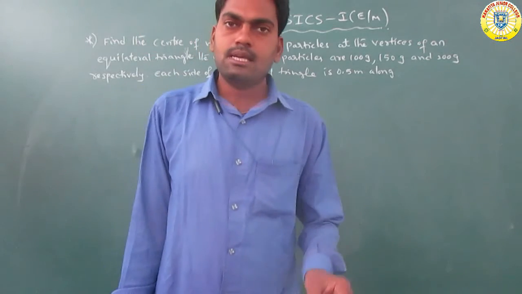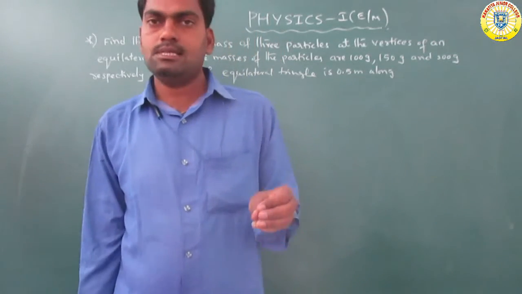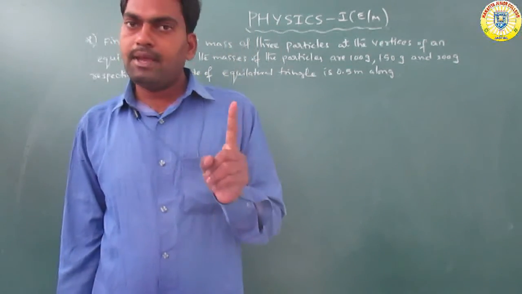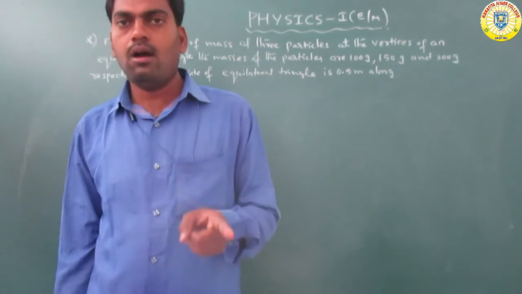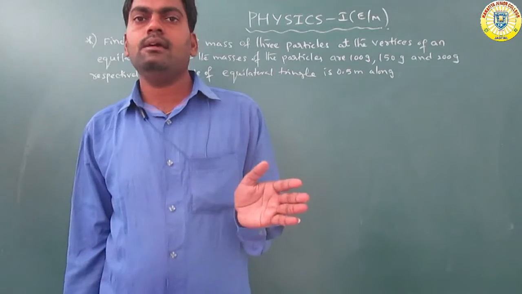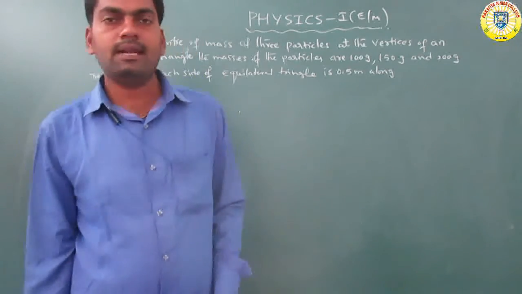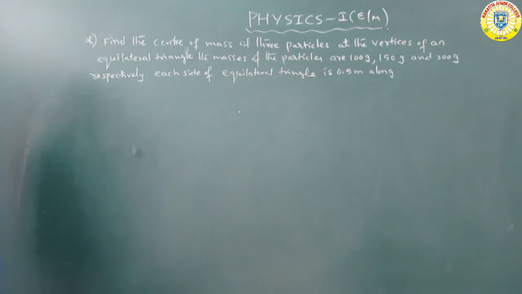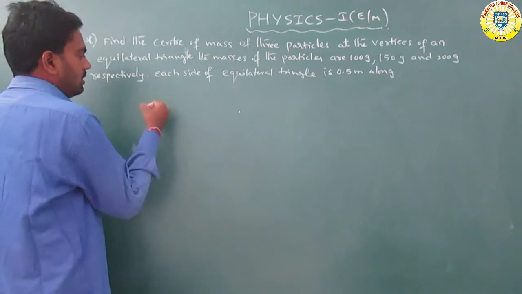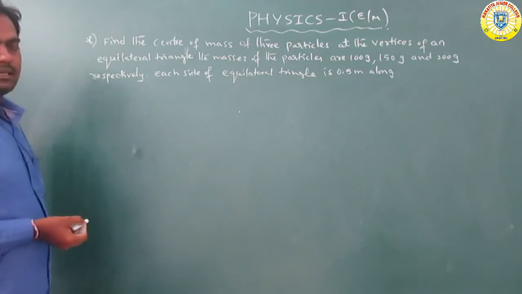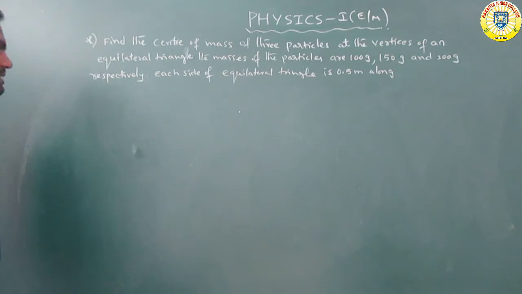First of all, for the center of mass of a system of particles in one dimension, that means along the x-axis or horizontal, only the x coordinate is taken.